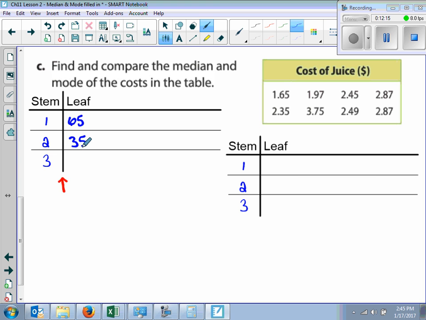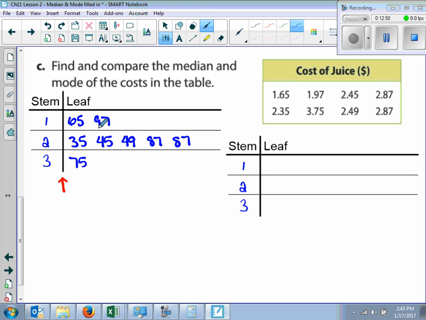Then we have $2.35, $1.97, $3.75, $2.45, $2.49, $2.87, and another $2.87.